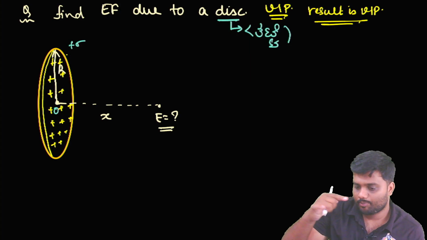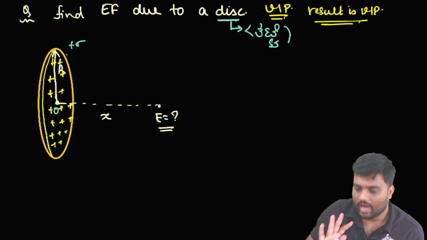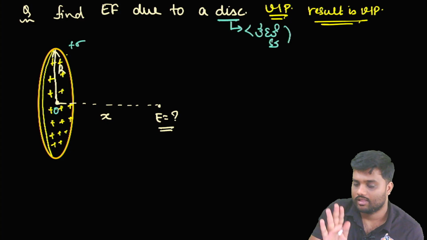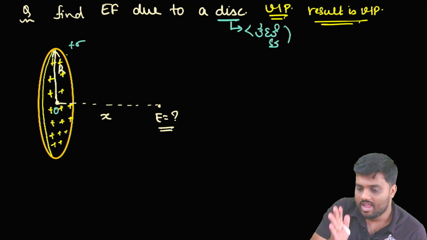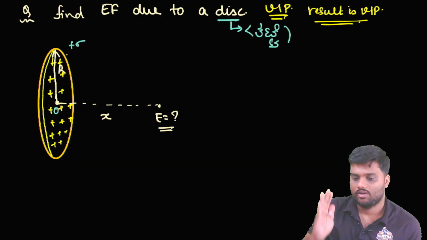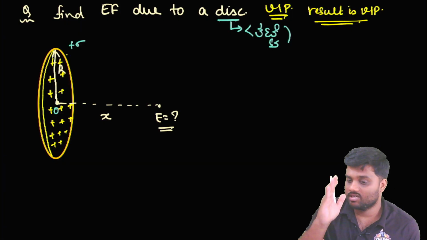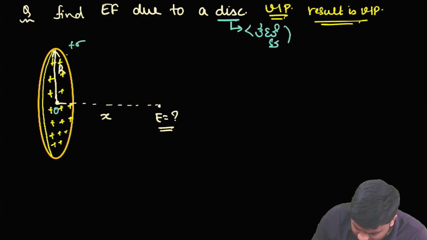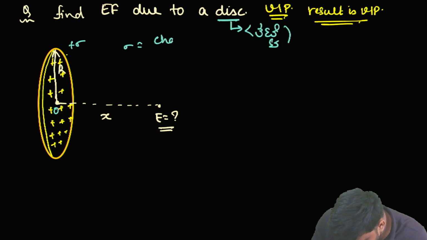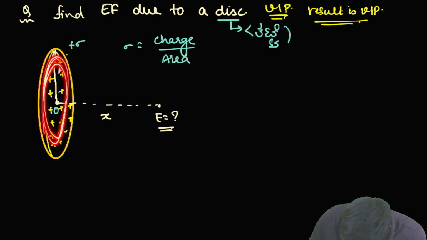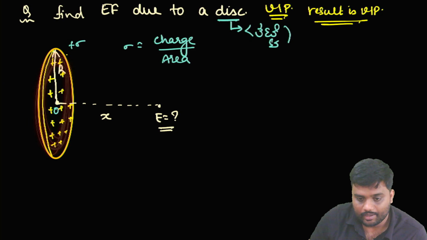Here the plate is fully distributed across the area, that's why we call it areal charge density. So your sigma is given by the charge distributed across the area. This charge is distributed across this total area.